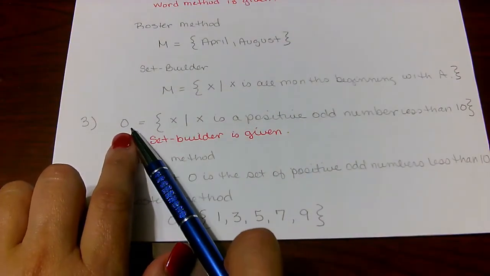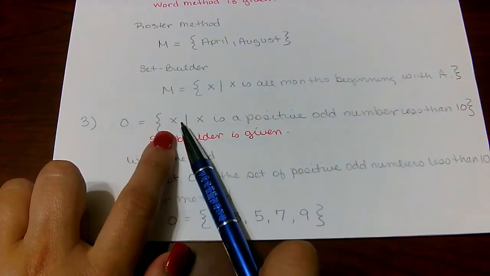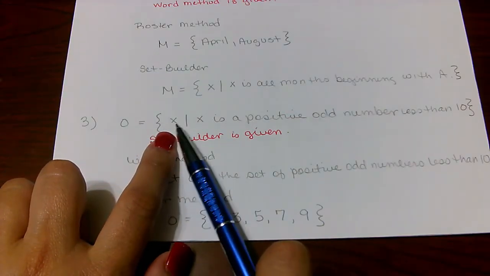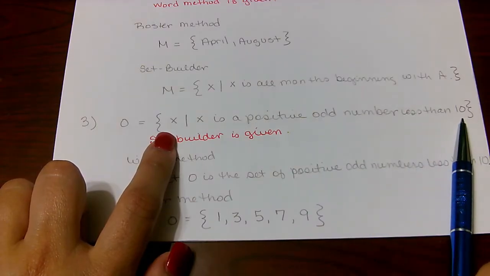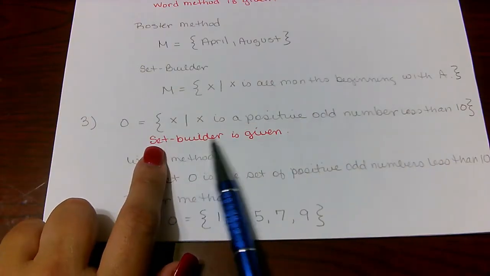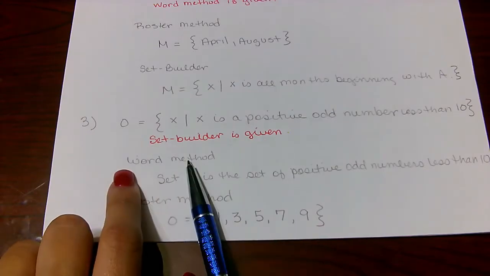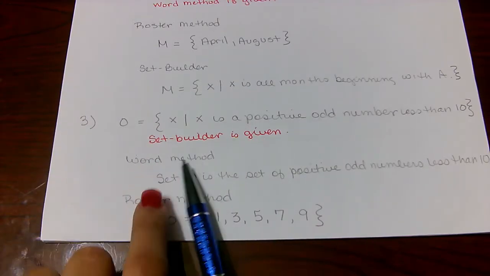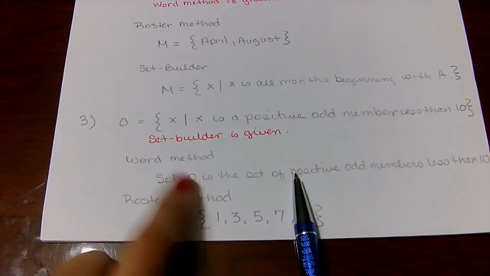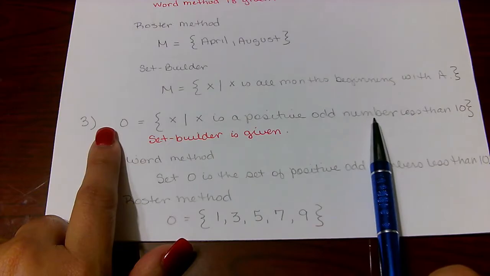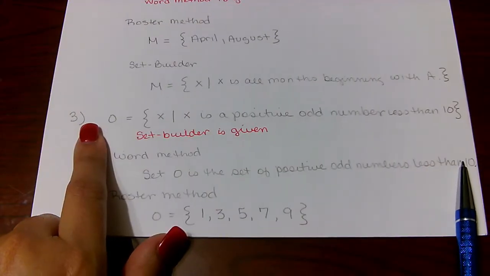Our third example is set O equal to an element X, where X is a positive odd number less than 10. This is set builder notation, so we're going to do it in words: set O is the set of all positive odd numbers less than 10.